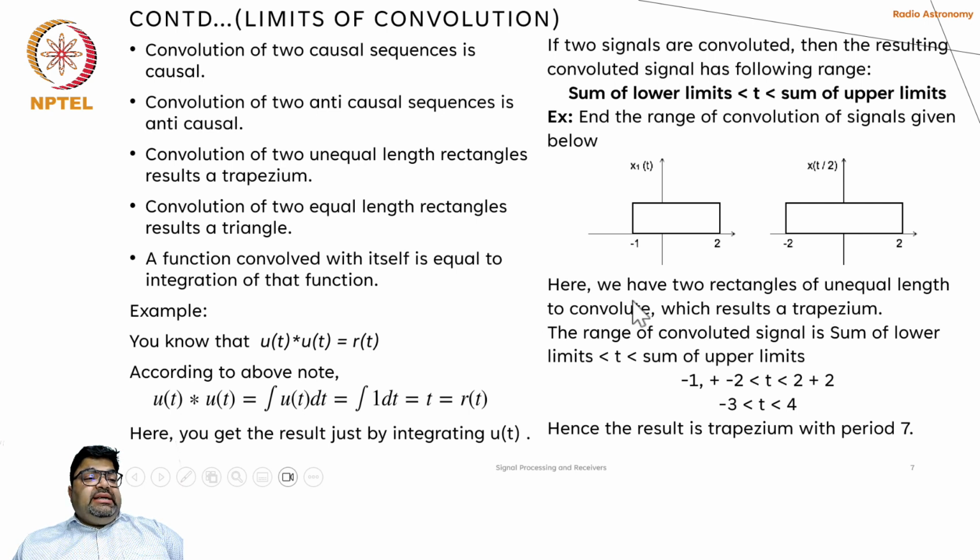Here we have two rectangles of unequal length to convolve, which results in a trapezium. The range of the convolved signal is the sum of the lower limits to the sum of the upper limits. So we have -1 to 2 and -2 to 2. The resultant limits become -3 to 4.